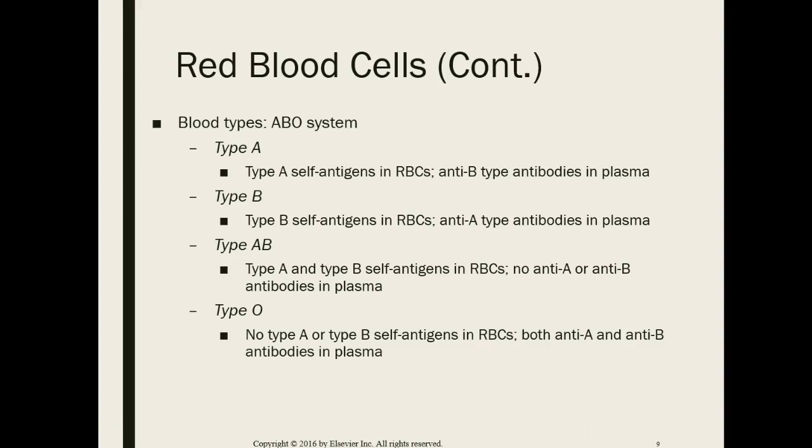If we're looking at different types of blood, type A is going to have an A antigen, and inside the plasma, there are going to be anti-B antibodies. What that means is that those type A antigens are recognized by the body as a normal component of the blood.